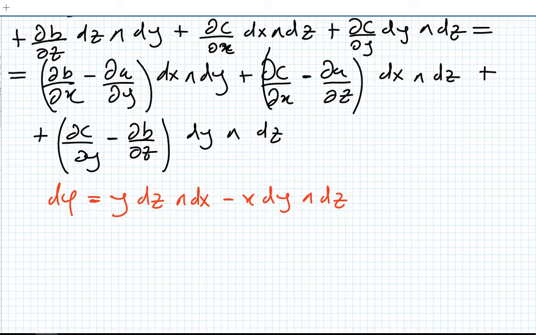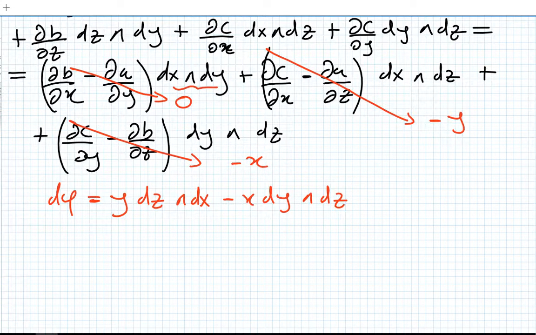The dz wedge dx term will be this one, but we have it in a different order, so this has to be equal to minus y. What about dx wedge dy? We don't have any dx wedge dy, so this one has to be 0. And what about dy wedge dz? It has to be equal to minus x.